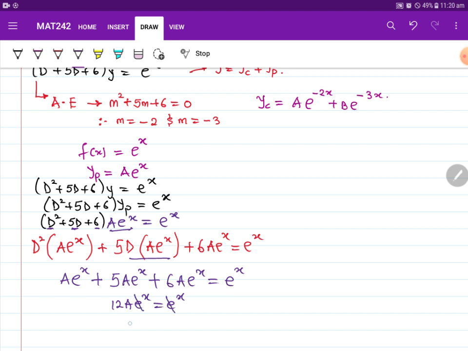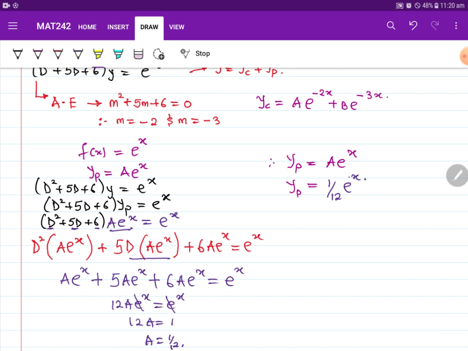This cancels this. 12a is equal to 1. A is equal to 1 over 12. Therefore, my yp, which is the same thing as A exponential x, is 1 over 12 exponential x.